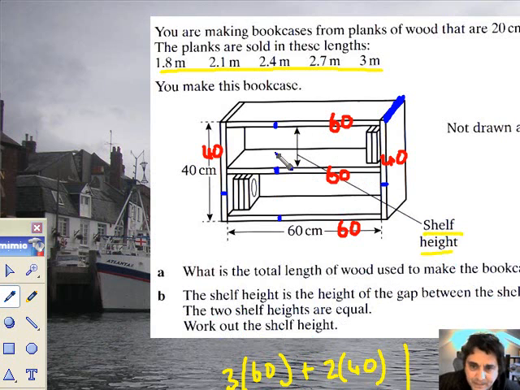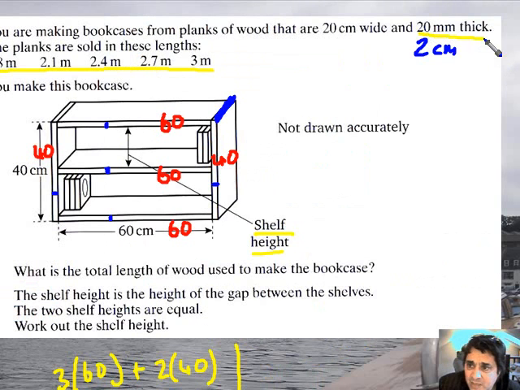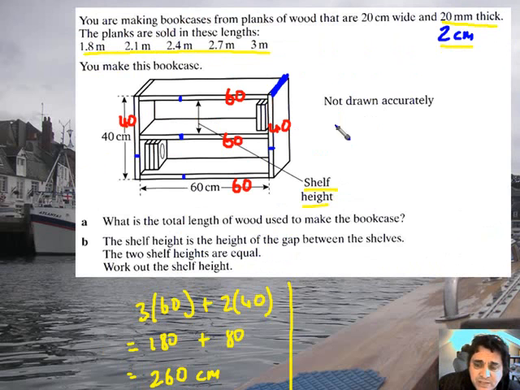Well, look at it very carefully. Essentially, I've got 40 from there down to there. The gap between each little blue marker is going to be 2 centimeters less on each side. So I've got 40, take away that 2, take away that 2, take away that 2. Remember, because it's 20 millimeters thick, or 2 centimeters.